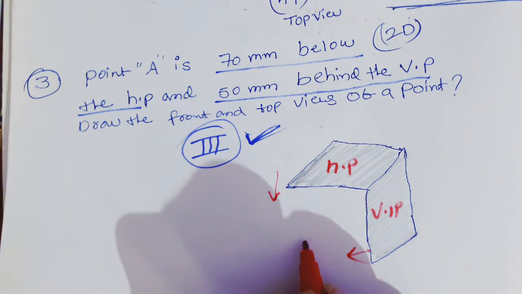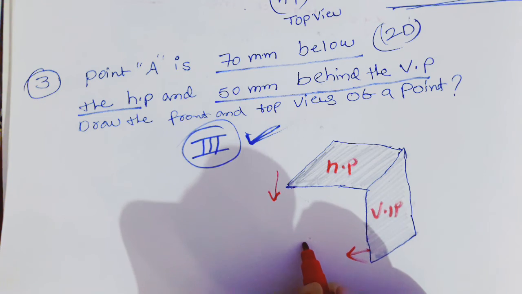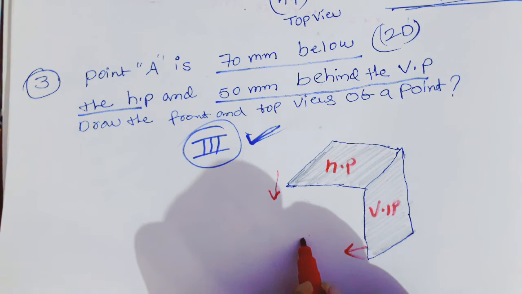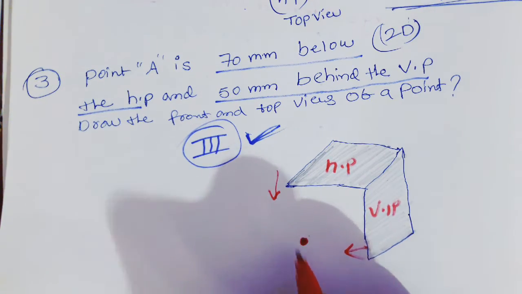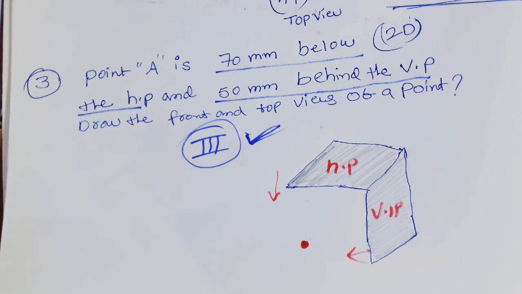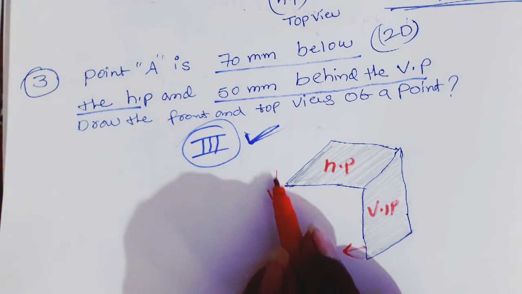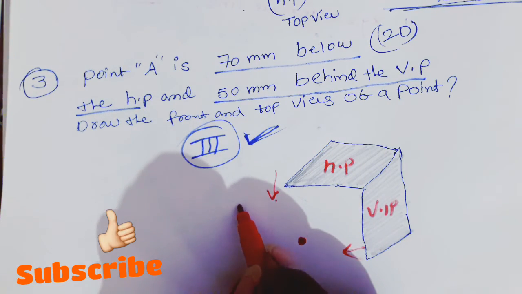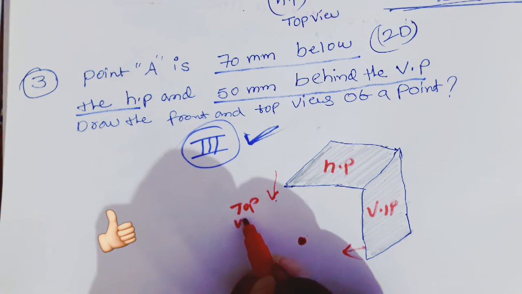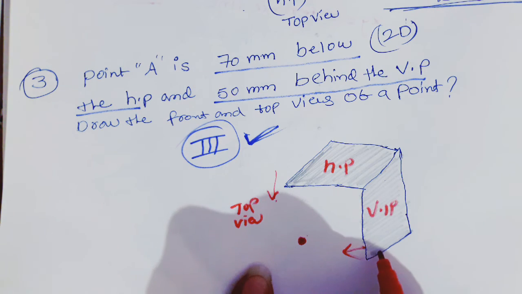So blindly I'm locating the point here. When you see the position of the point from this side, this is called the top view, and this is called the front view.